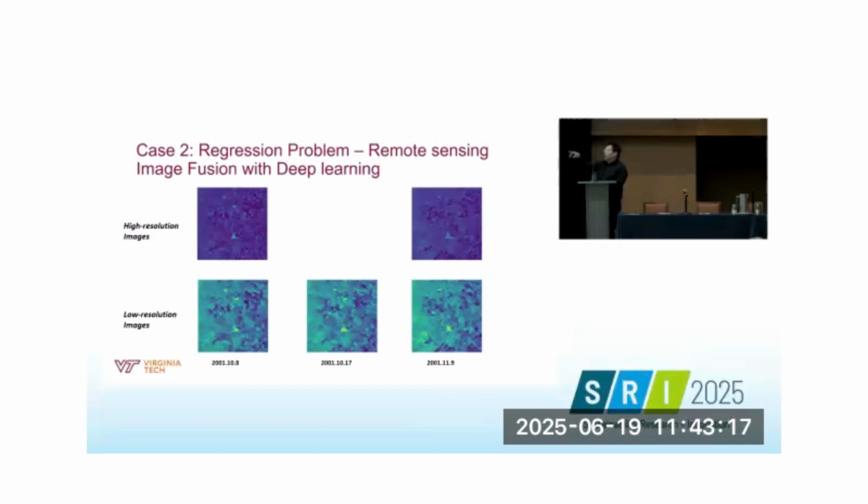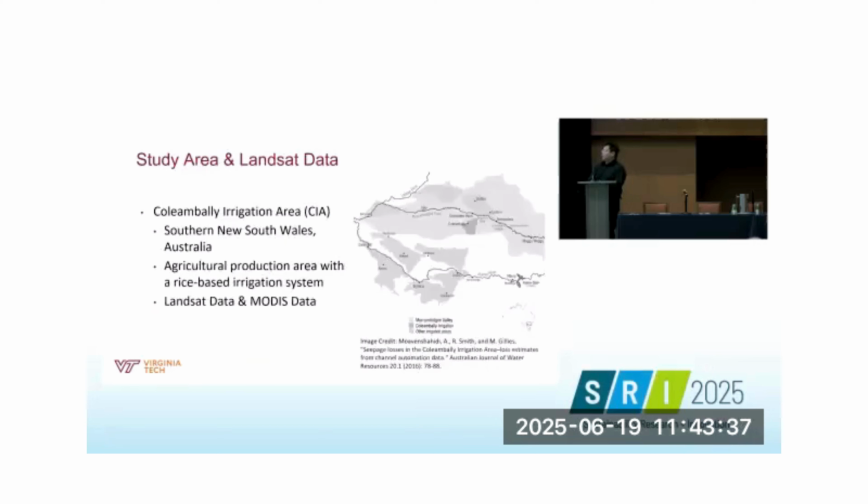The goal is to use a deep learning model to do this spatial-temporal fusion to generate imagery of both high spatial resolution and high temporal resolution. This is also a very typical geospatial problem, and such problems often involve deep learning techniques. The case study we are looking at is in Australia.